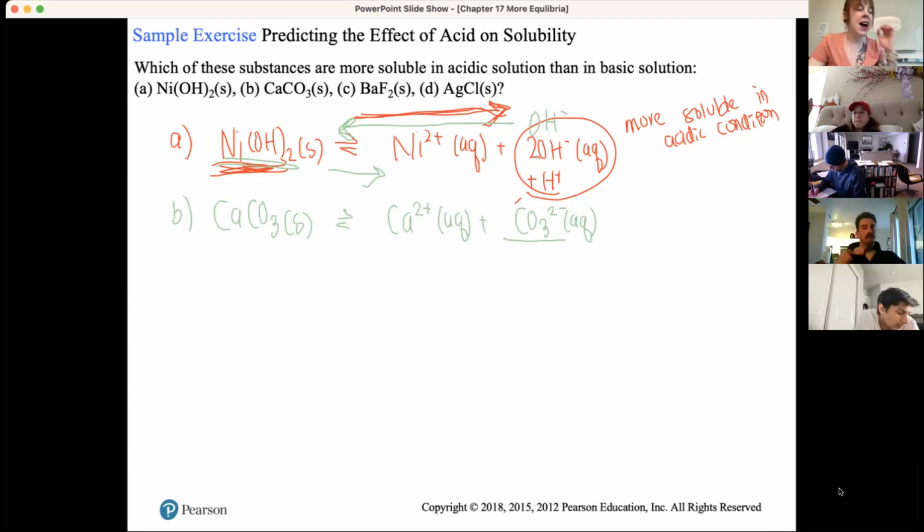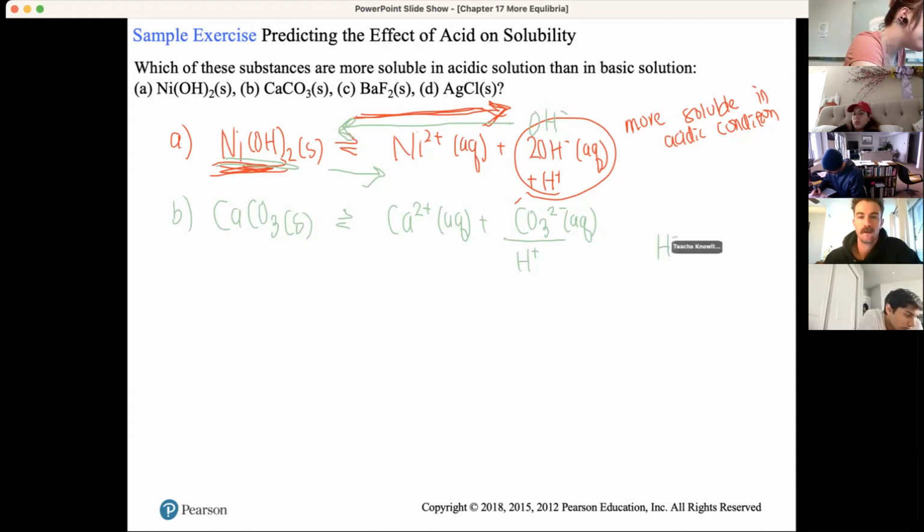So if I add hydrogen ions here, am I going to have a separate reaction? Yes, the answer is yes. You'll have H plus and carbonate. You actually get two H pluses, ending up making water and carbon dioxide.